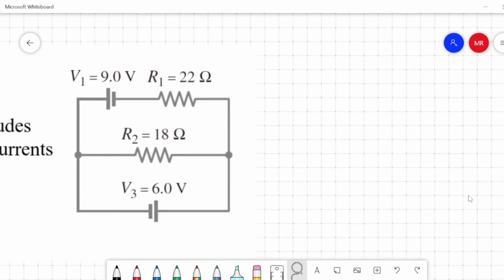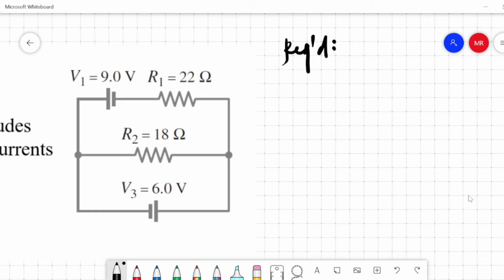As you can see, there are just four elements involved in this circuit. Voltage 1, resistor 2, and voltage 3. Now we are being asked to find the magnitude of the current flowing across the resistor 1 and the resistor 2.